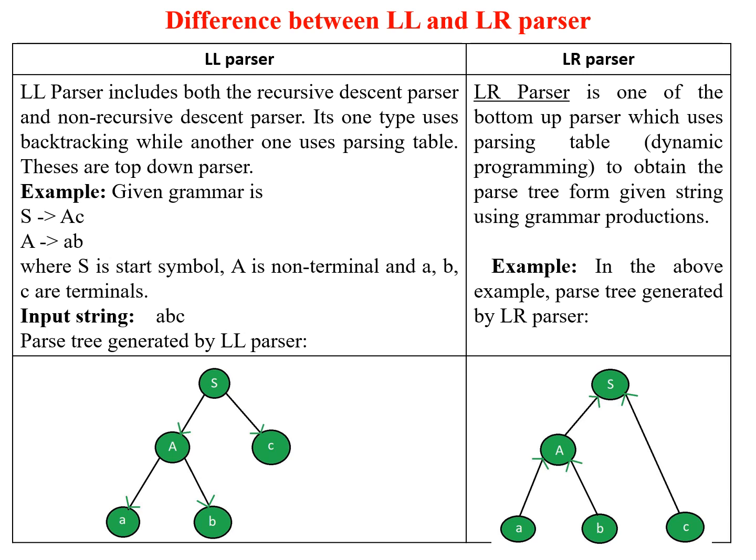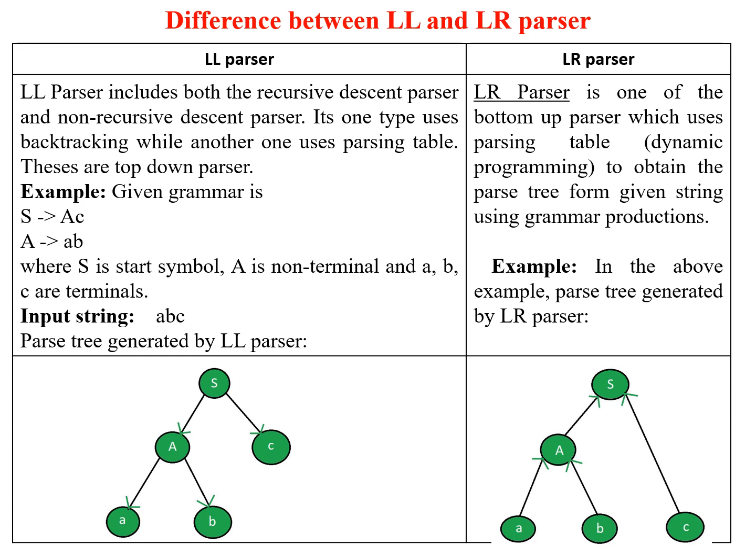If the input string is ABC, the derivation generated by the LL parser is shown on the left side of the slide, where it starts from the start symbol S. The start symbol is replaced by the available production AC, then AC is replaced by AB, and finally we get ABC as the output string.